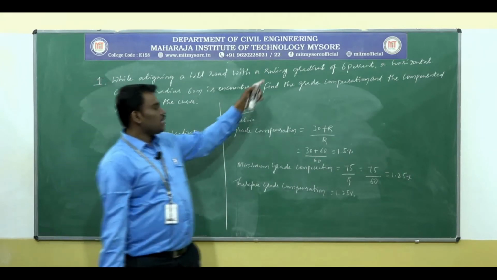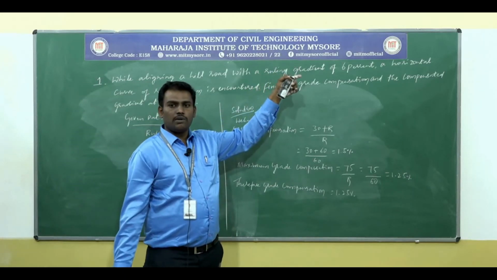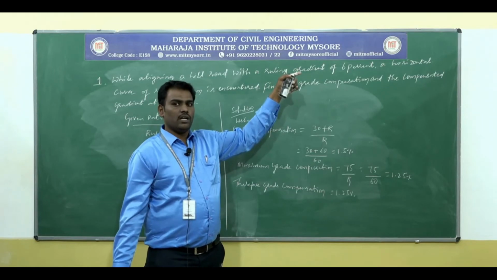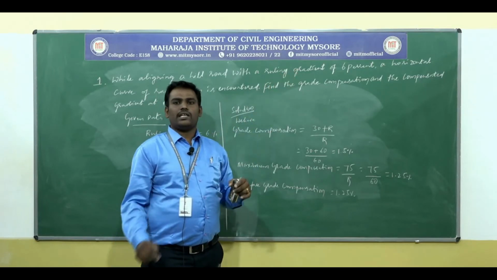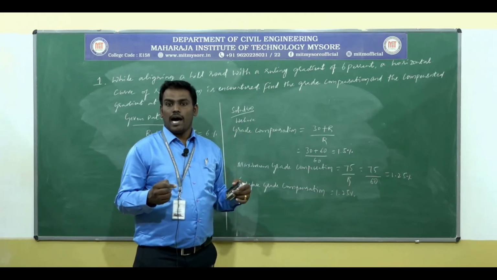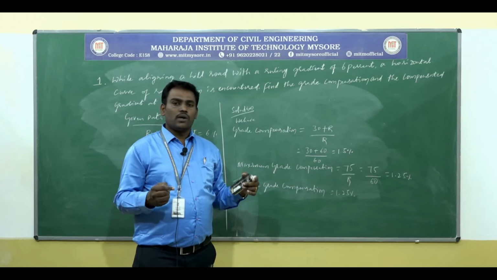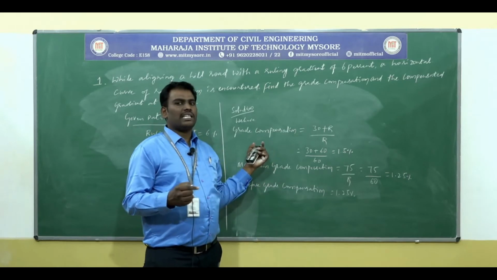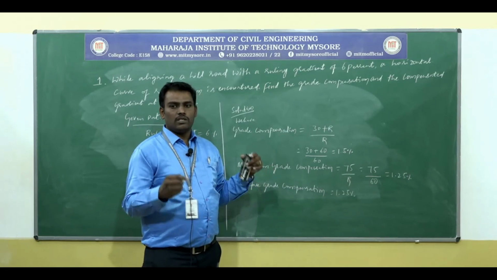Usually, initially the gradient on the horizontal curve is about 6%, that is the ruling gradient. To reduce the extra tractive effort at the horizontal curve, they provide the grade compensation. It is very simple.